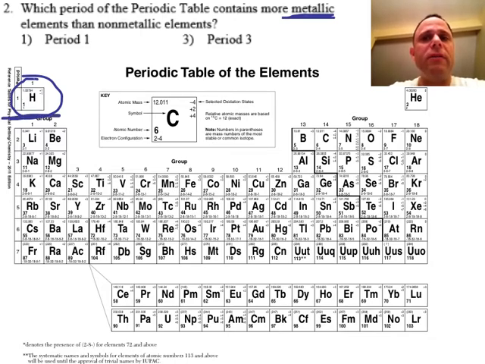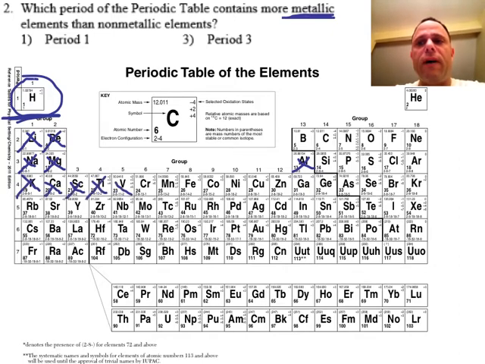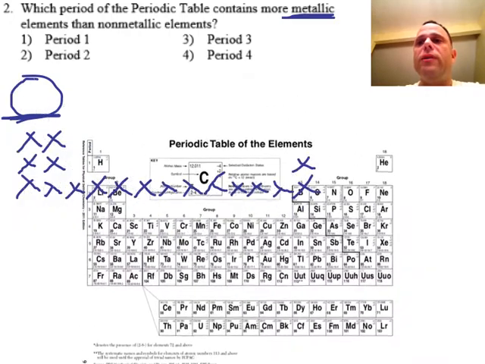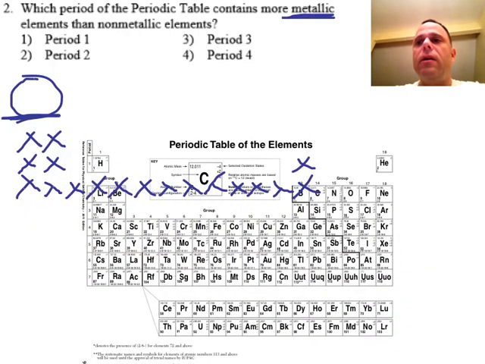That's kind of why it's levitated here. Period 2 has 1, 2, that's it. Period 3 has 1, 2, 3. And period 4 has 1, 2, 3, 4, 5, 6, 7, 8, 9, 10, 11, 12, 13. So, has 13 metals. The answer is 4.